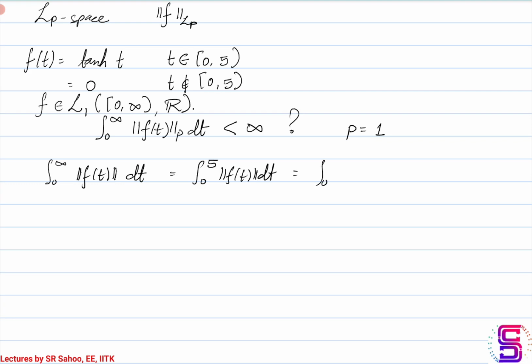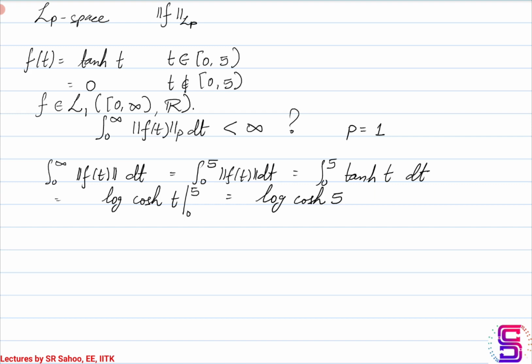This is nothing but the integral from 0 to 5 of tanh t dt, which is log cosh of t evaluated over the endpoints 0 to 5. This gives me log cosh of 5.